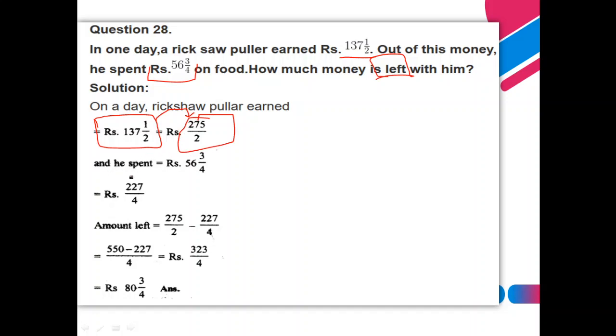And he spent on food 56 3 by 4. So we have to change here also into improper fraction, we are getting 227 upon 4. Now how much amount is left?